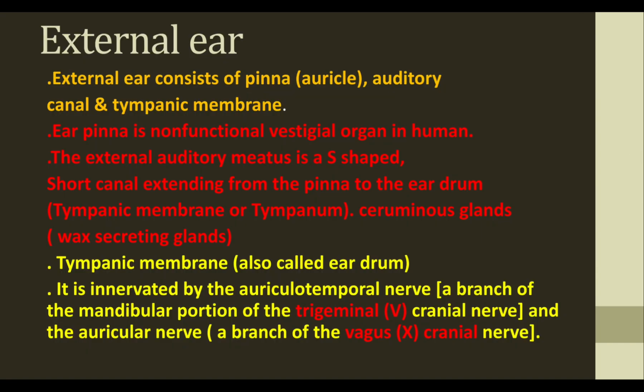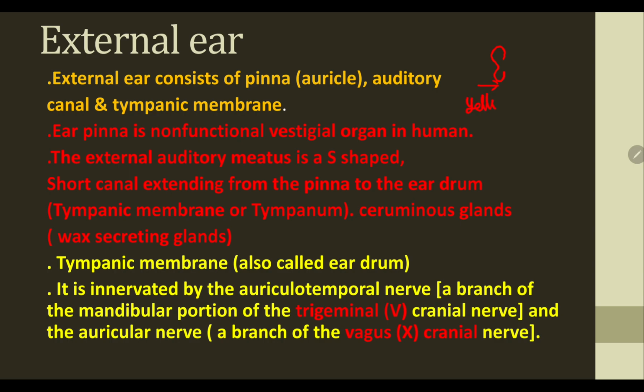The ear pinna is present only in mammals, and in mammals it is now a vestigial organ. But we can say that the ear pinna, which is an S-shaped structure, collects sound, and it is made of yellow fibrous cartilage.